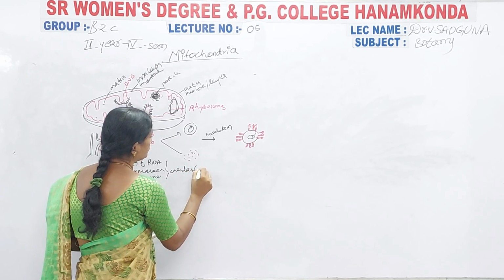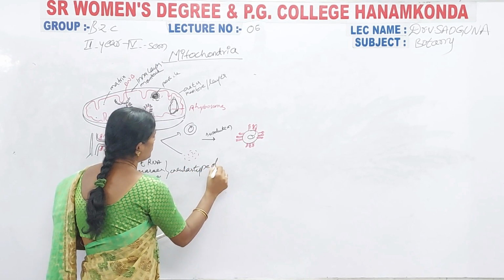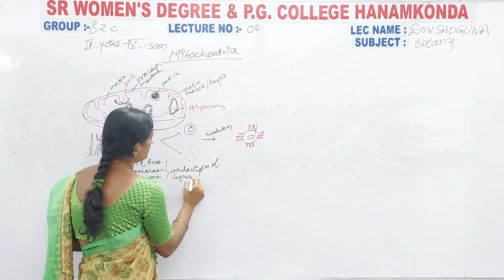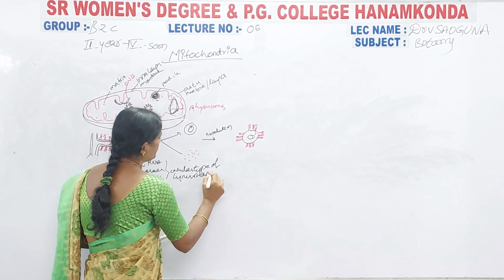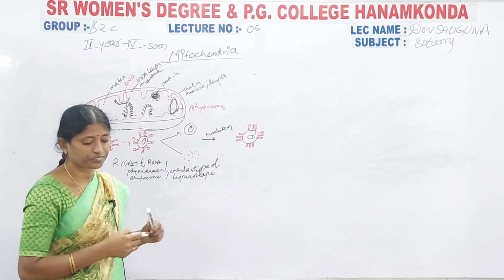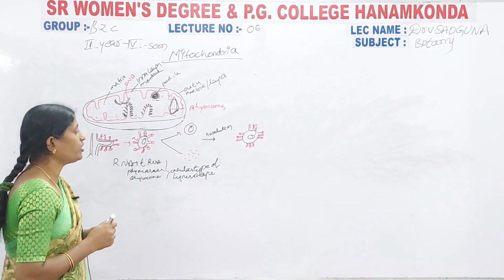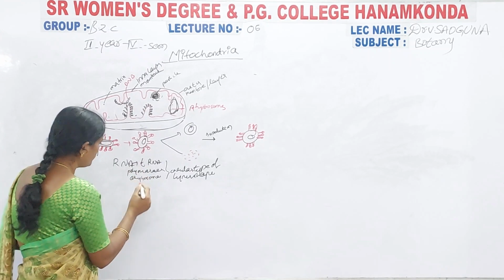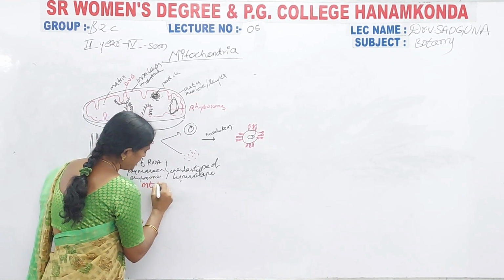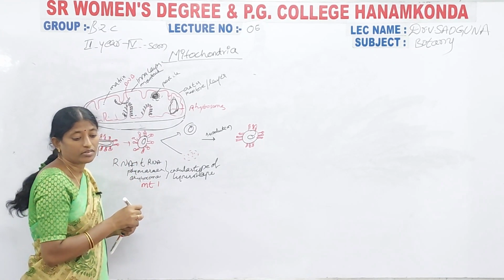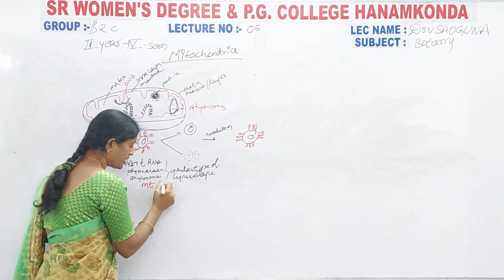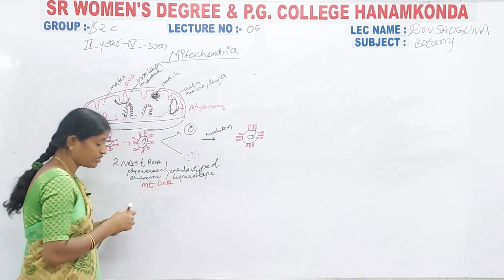Then it has circular type of linear shapes. Then the gene is contained completely in the mitochondrial genome, that is the mtDNA or mitochondrial DNA. It is called the gene.